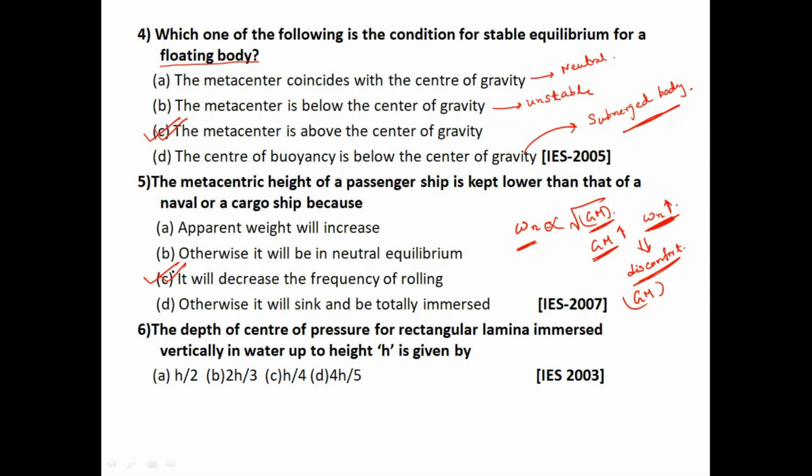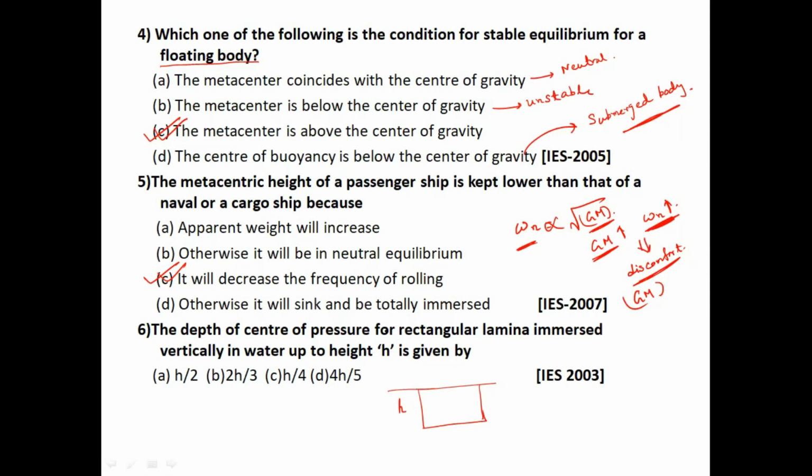Next is the depth of the center of pressure for a rectangular lamina which is immersed in water up to height h. This is also an easy question. The rectangular lamina is immersed up to height h.